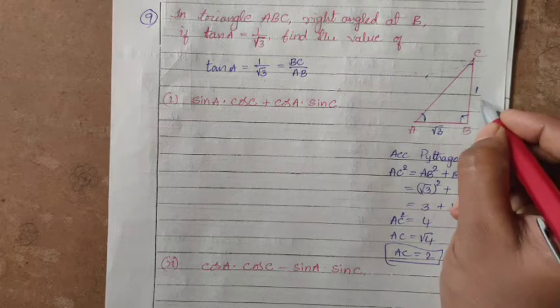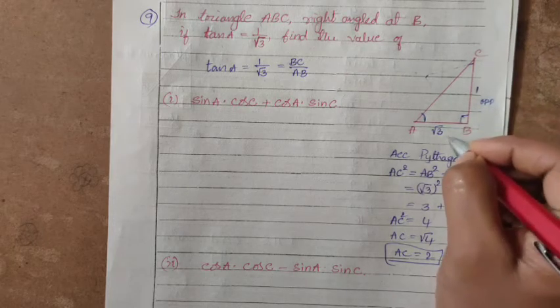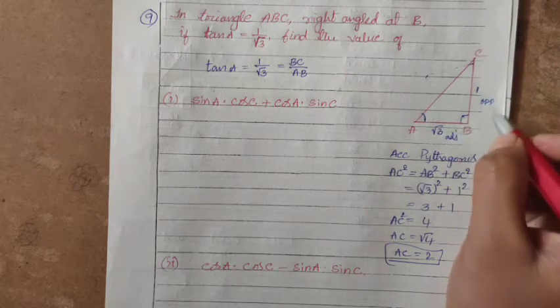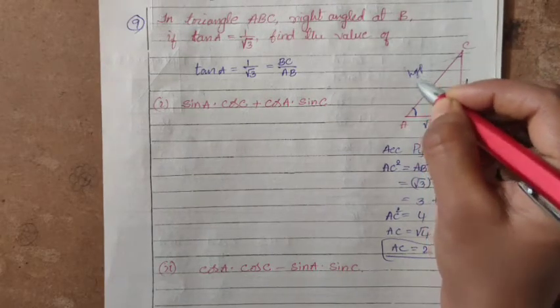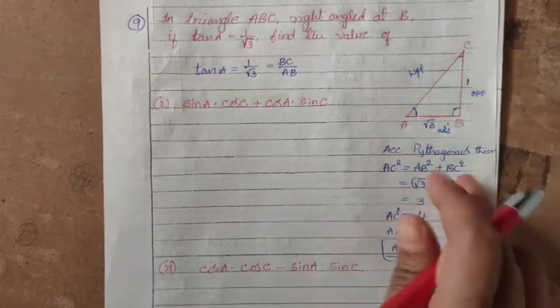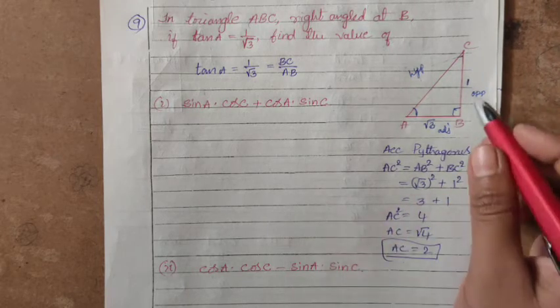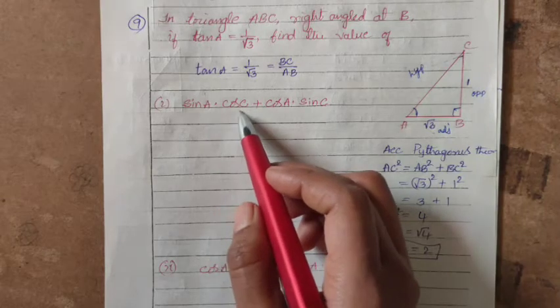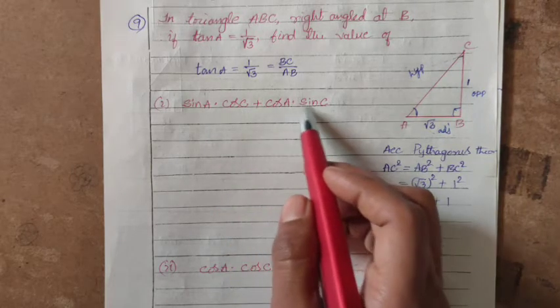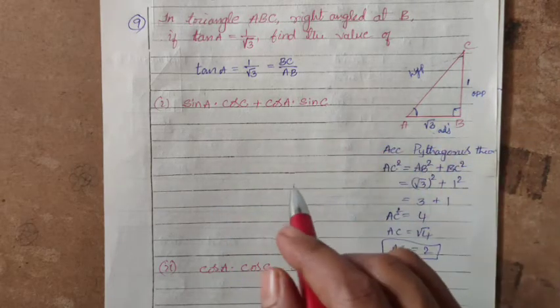So this is opposite side divided by adjacent side. And one more thing, this AC is the hypotenuse side. Now we want to find sin A cos C plus cos A sin C. How to find the value?